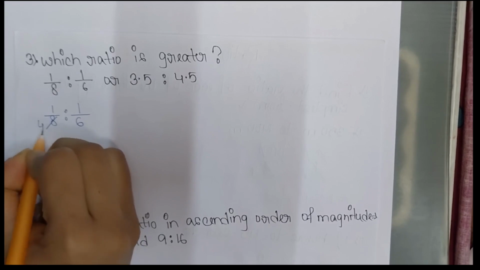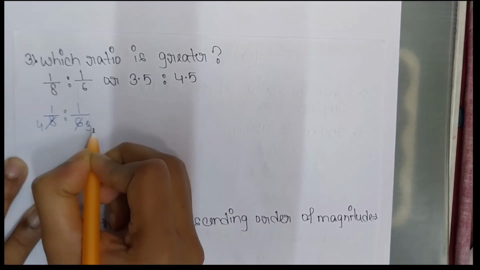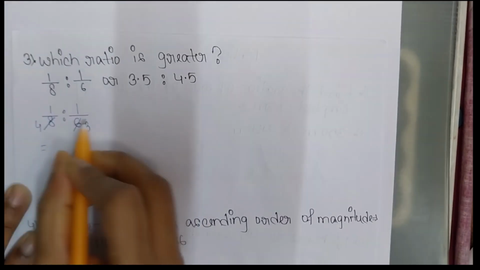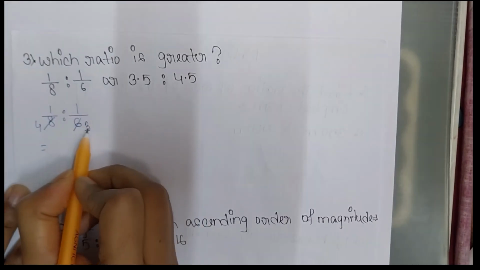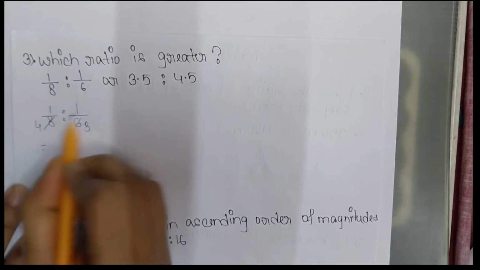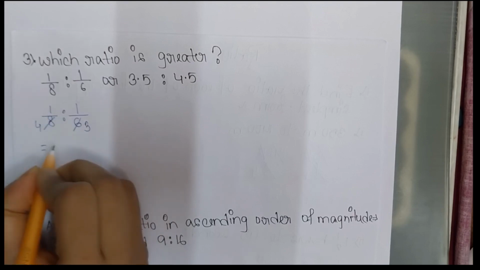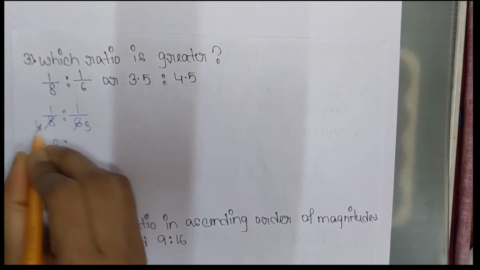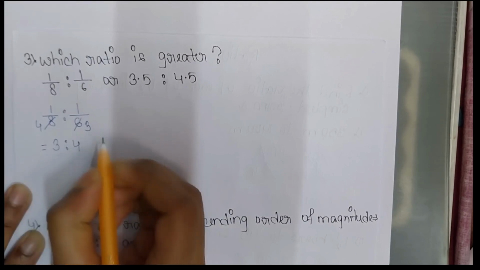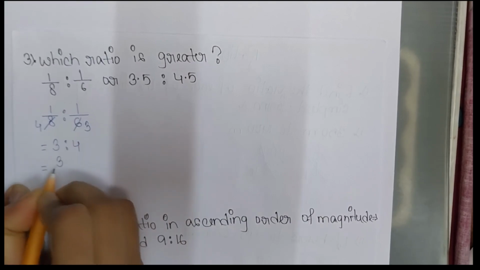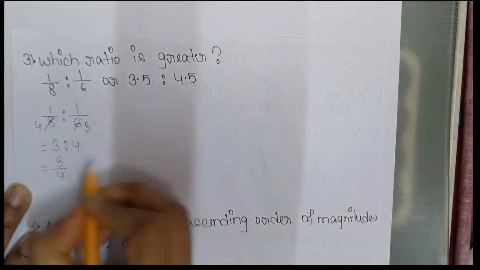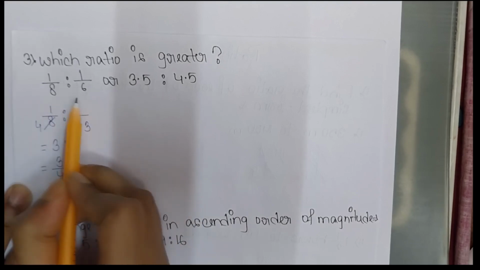Let's cut. 2 4s are 8, 2 3s are 6. So now we have to cross multiply. So here 3 into 1, 3 is to 4 into 1, 4, and the fraction will be 3 by 4. This is the simplest form of this ratio.